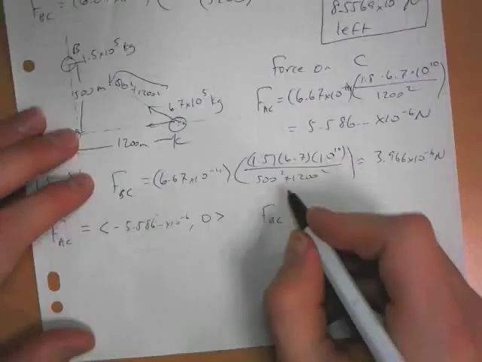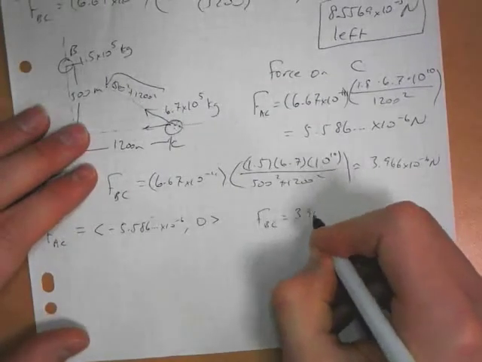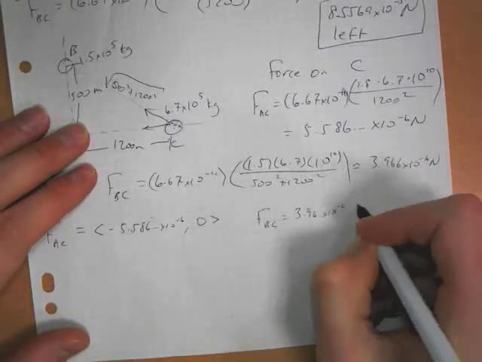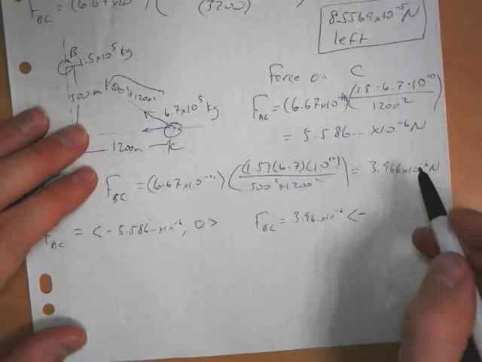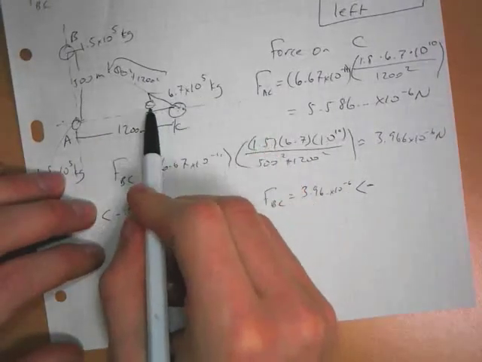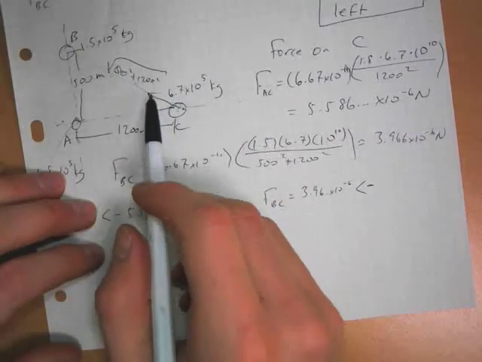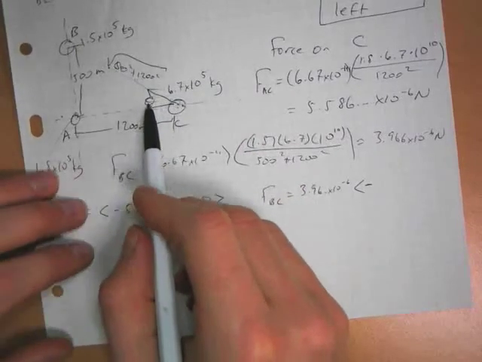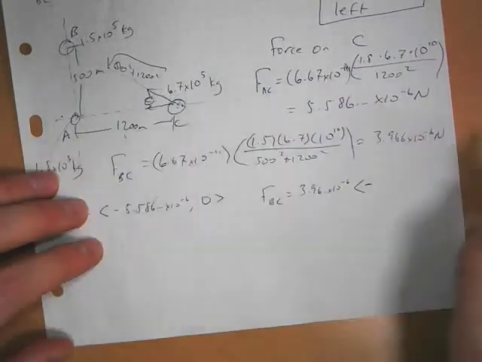So there is our magnitude, the 3.96, but then our x component is negative, and that would be equal to the cosine of this angle. Now you could find this angle, but we know just by looking at the triangle that the cosine is 1,200 over root 500 squared plus 1,200 squared.